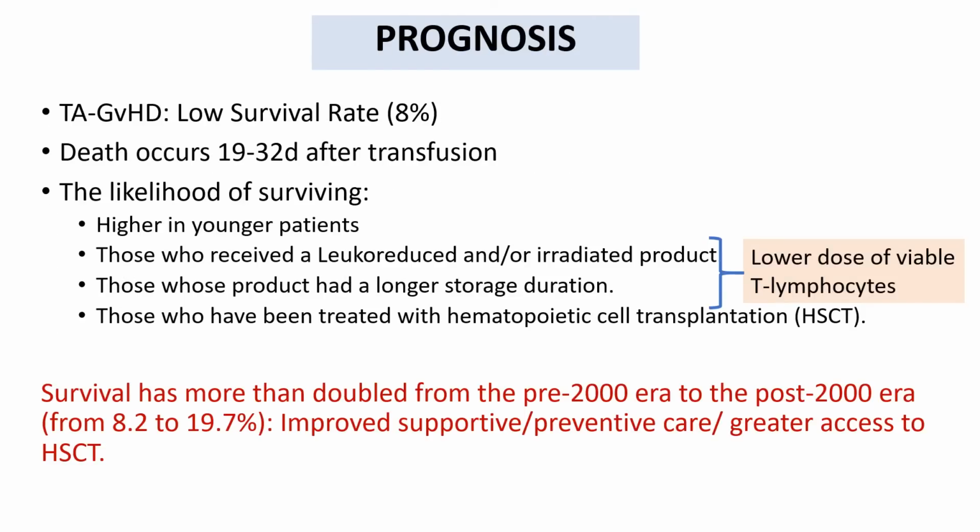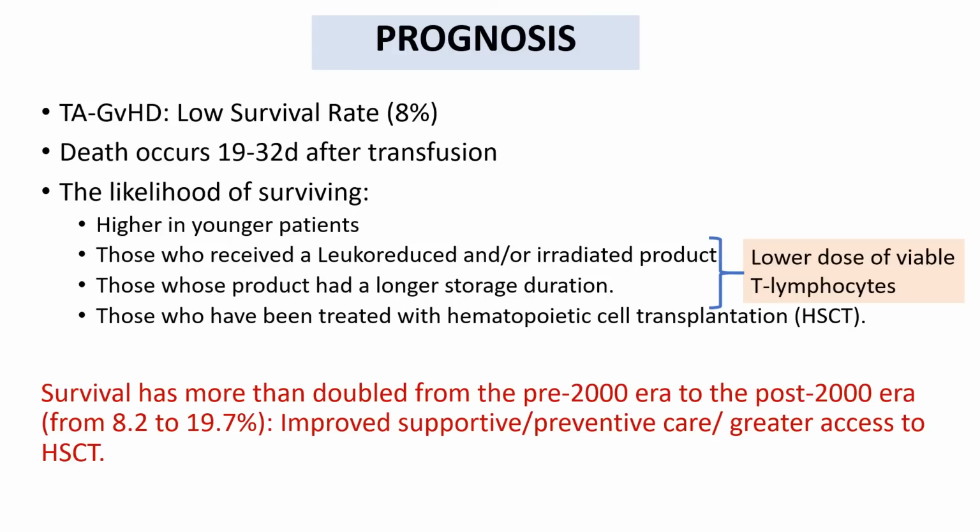The prognosis is quite poor. TA-GVHD has a very low survival rate, around 8%. Death usually occurs 19 to 32 days after transfusion. The likelihood of surviving is higher in younger patients and those who have received leukoreduced or irradiated products, or products with a longer storage duration, because these products will have a lower dose of viable T lymphocytes.